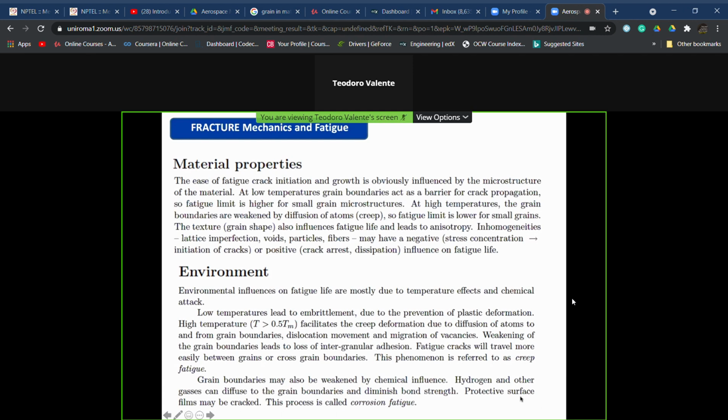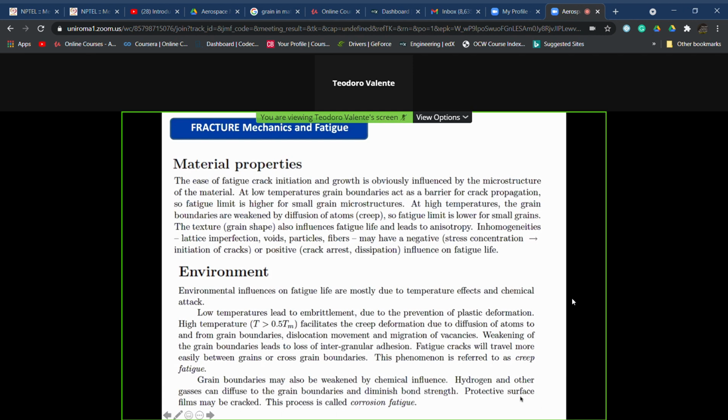In the case of solid state diffusion, we can remember that we are talking about diffusion of atoms to and from the grain boundaries, and weakening of the grain boundaries due to sliding can result in a loss of intergranular adhesion. And so if this happens, fatigue cracks can travel more easily between grains or cross grain boundaries, and this is a phenomenon which is a synergistic effect of creep and fatigue, which is also called creep fatigue. Very hard to model.